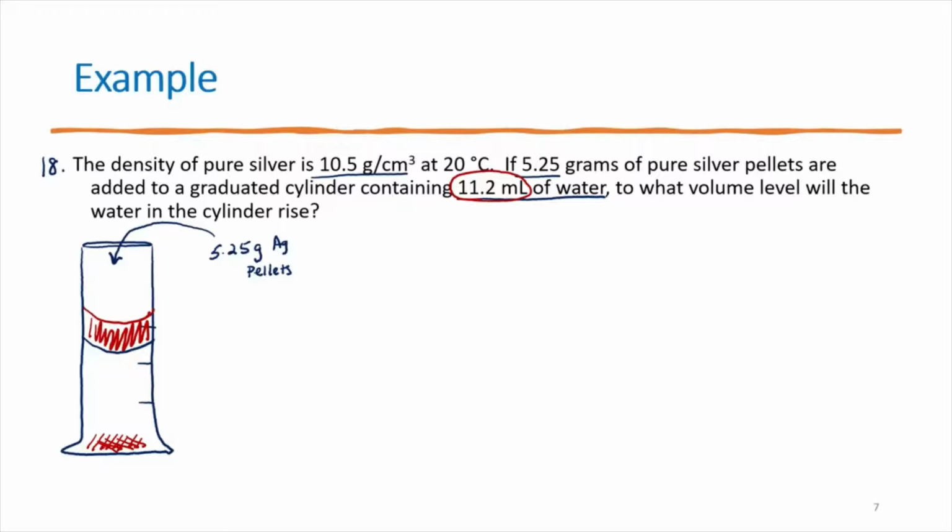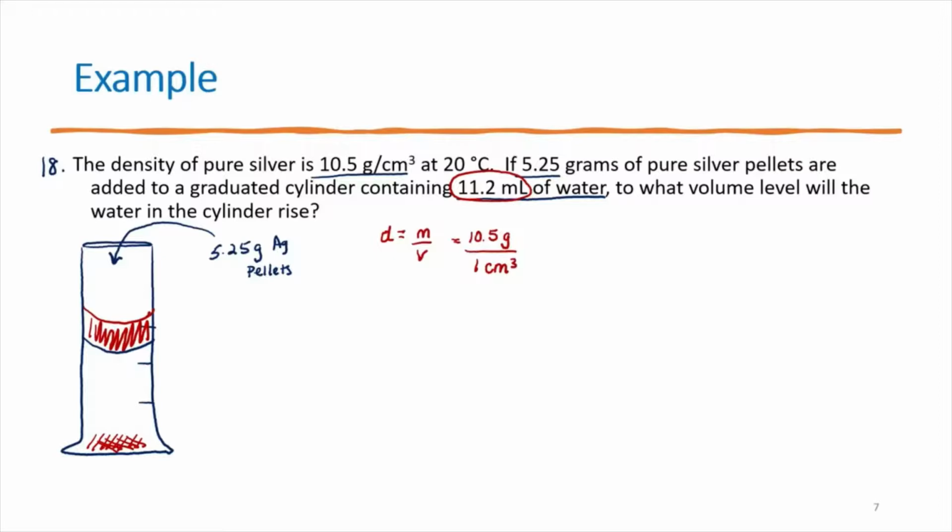Well, how do I figure out the volume of silver? I have its mass and I have its density. I'm going to rearrange that to solve for its volume. So density is equal to mass over volume. In this case, our density is equal to 10.5 grams per 1 centimeter cubed.